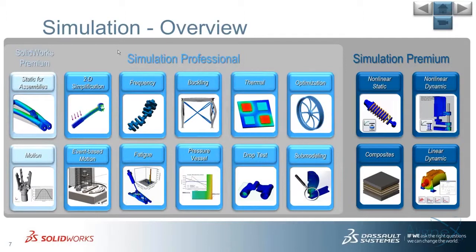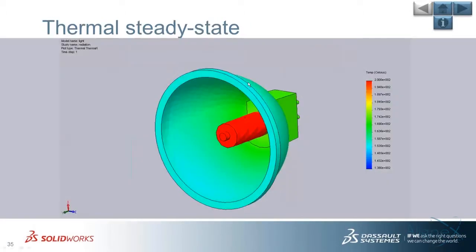Now, there are some additional studies here that Simulation Professional has. The first being a thermal analysis. So thermal analysis is slightly different than what we've previously been talking about, where we're looking at structural loads and fixturing.